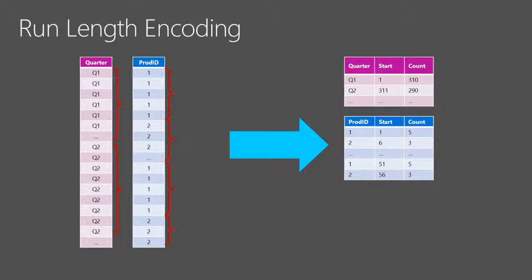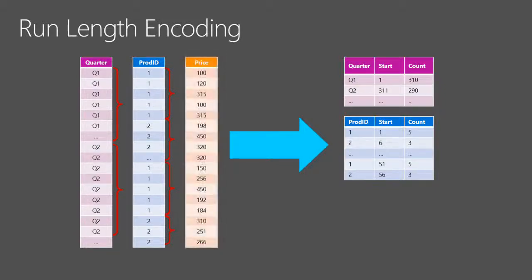This technique of compressing data is called run length encoding. However, there could be columns, like, for example, the price, which have different values for every row. And in this case, this optimization is not applied by Vertipaq. Now, Vertipaq does this automatically. The engine has to sort the data of your table in order to find, in a heuristic way, the best possible optimization. This is done automatically by the engine.